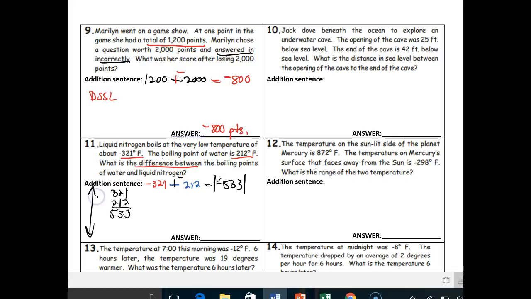Here's negative 321 down here, here's 0, and then here's 212 up here. What's the whole distance? Well, this is 212, and this is 321. So the absolute value of 533 is going to be our answer. It's going to be a difference of 533 degrees.